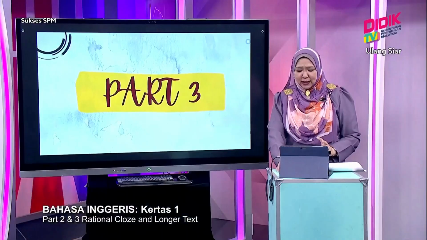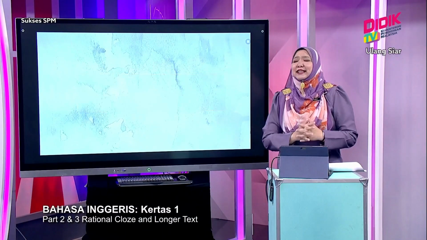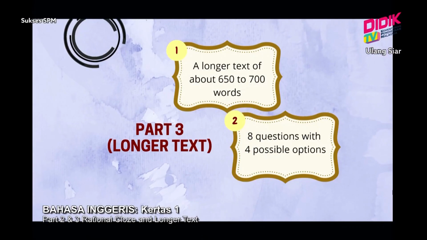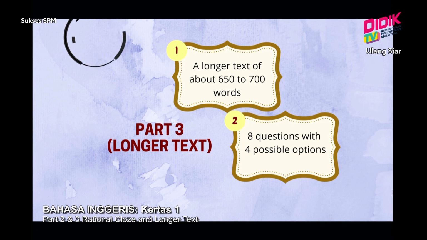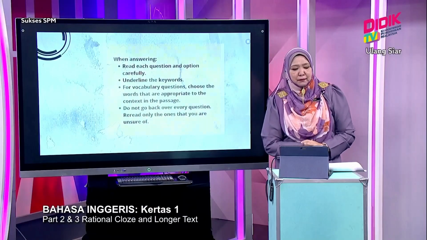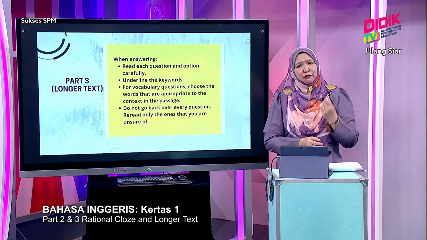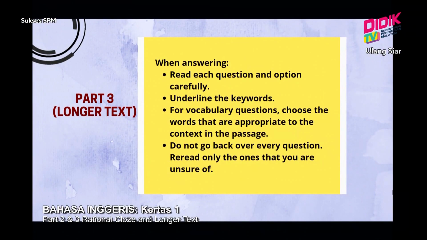Part 3 is reading comprehension, or a longer text. A longer text of about 650 to 700 words is given, with questions with 4 possible options. Another MCQ, 4 options. When answering a longer text, first and foremost, once again, read the question, read the text.